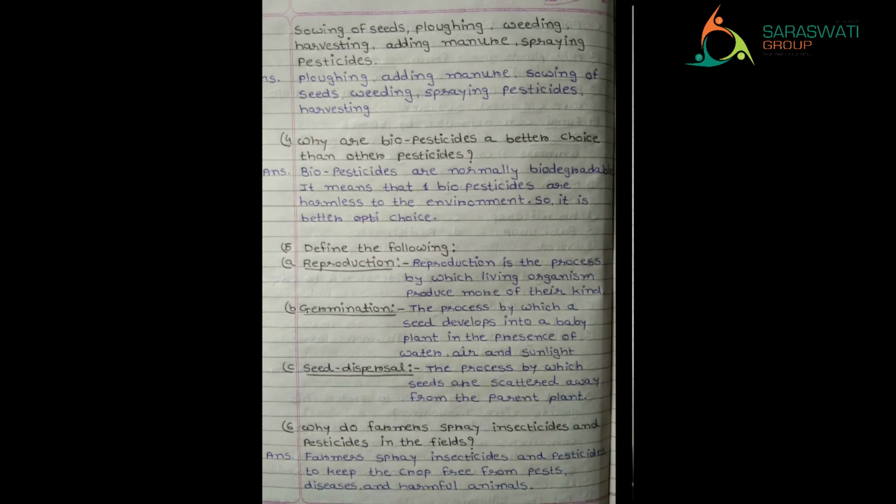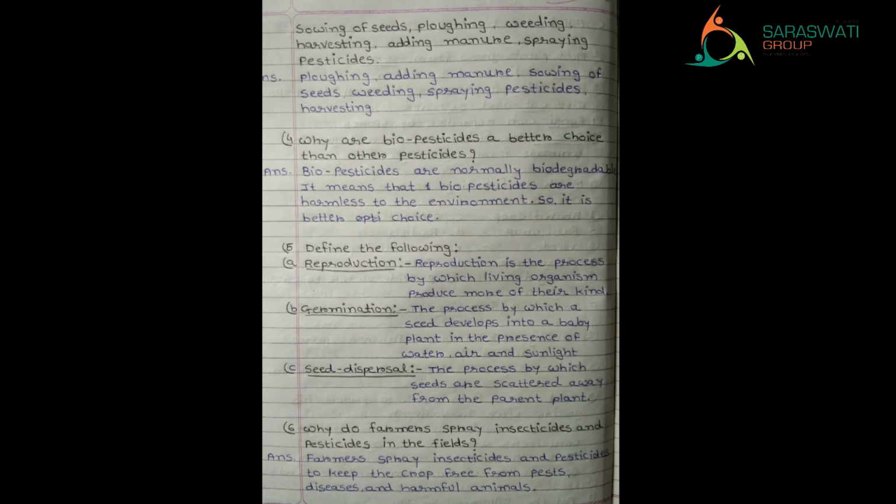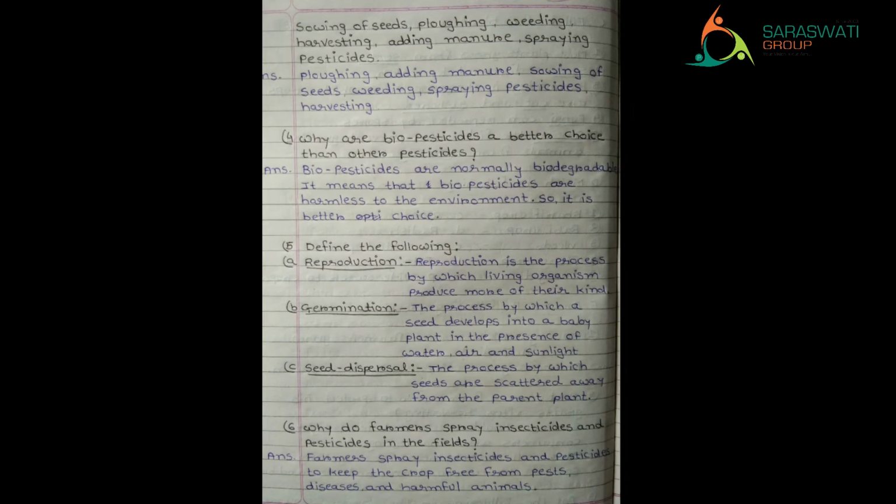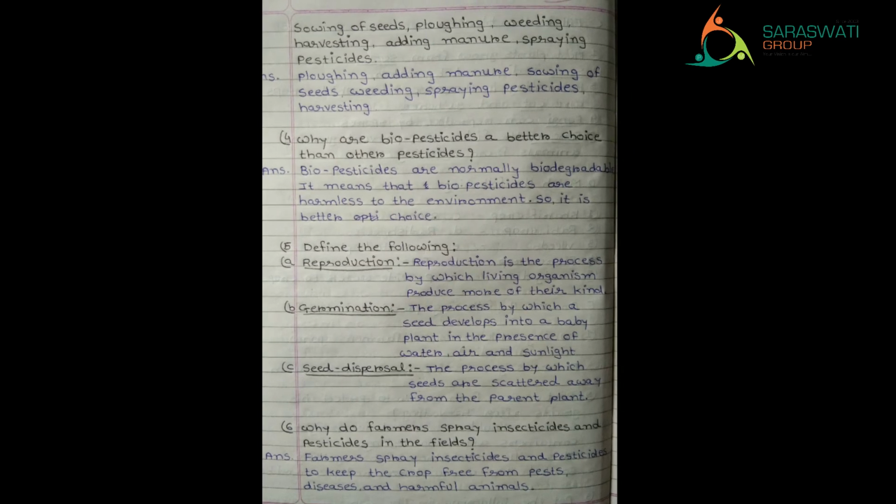The medicine smells very bad, so insects or pests cannot come near the crop, right? So farmers are spraying this. Clear? Okay, now we are moving to the next question.